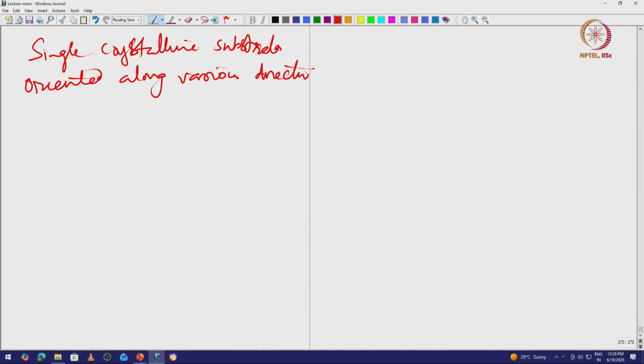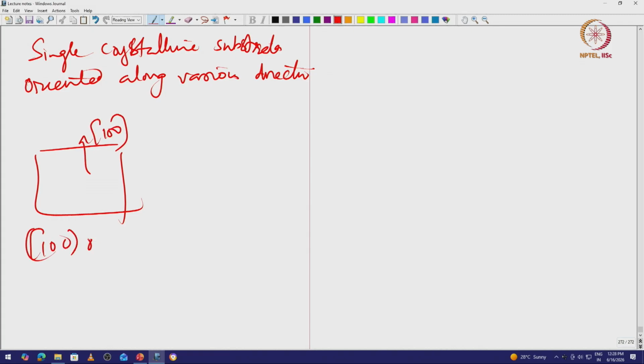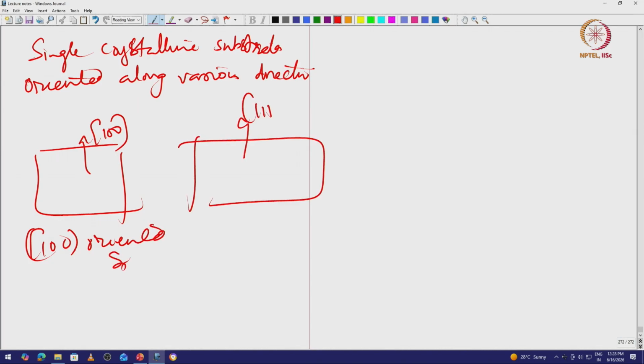So, if this is 100, I call this a 100 oriented silicon, but if this is 111, what is preventing me from creating 111 oriented silicon? I will call this a 111 oriented silicon.